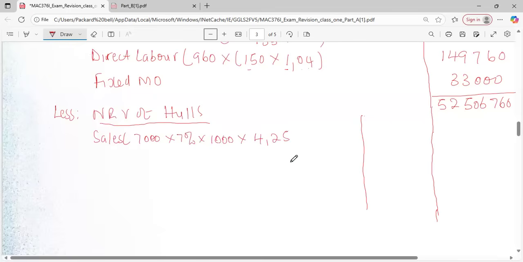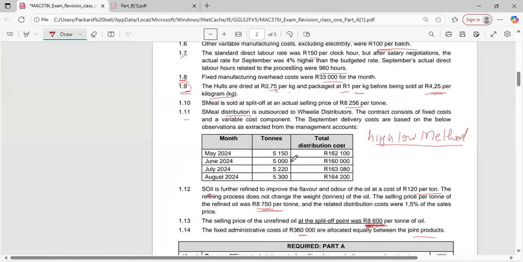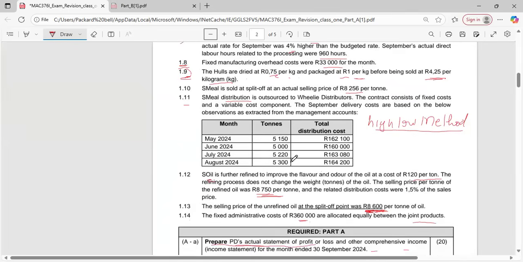How much are we going to have there? Because is the 4.25 per kg? Let's just double check the 4.25. It is per kg. Yes, so we need to convert those tons to kg.